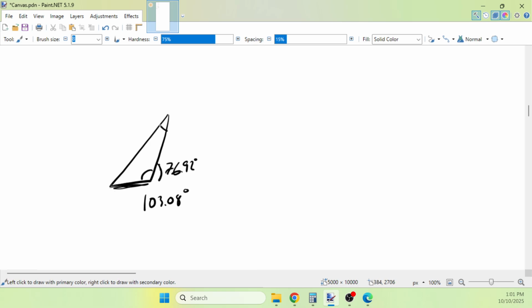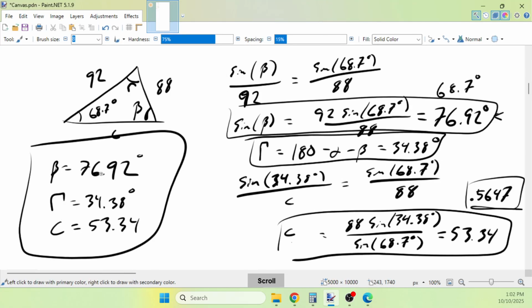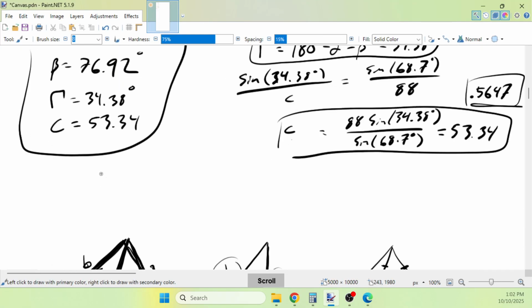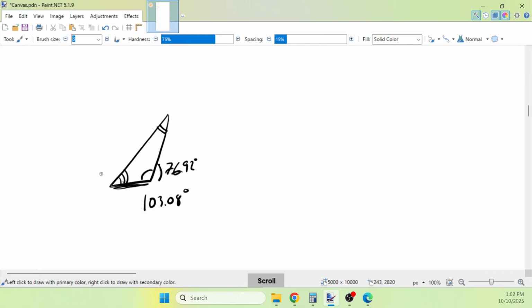And that would change things. This angle was given to us, so this angle would stay the same.